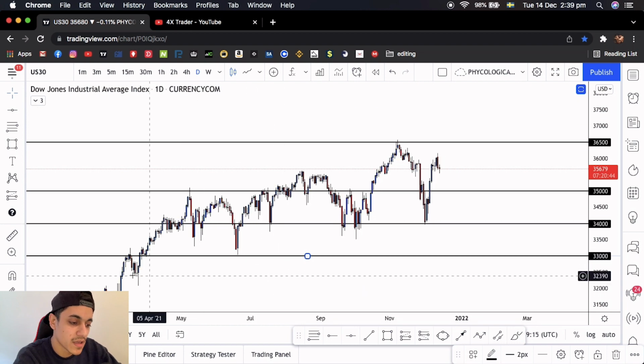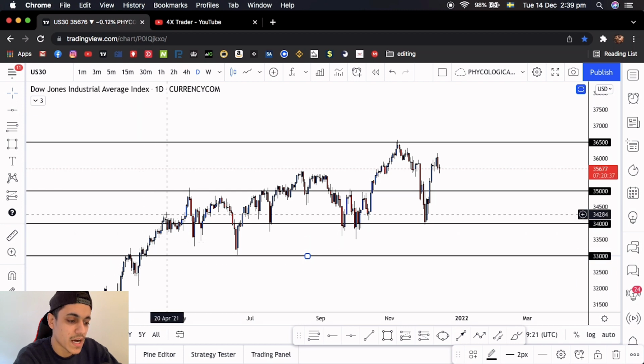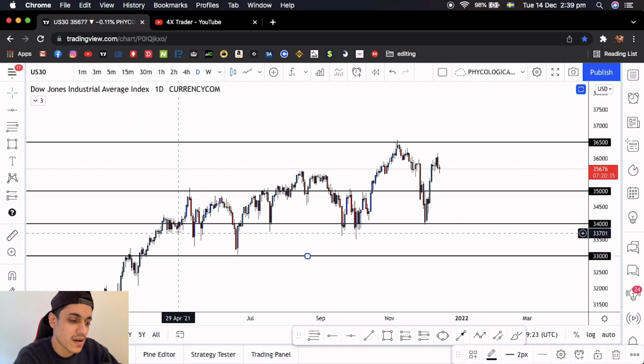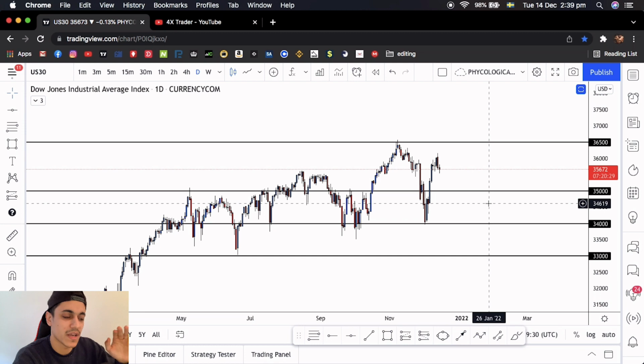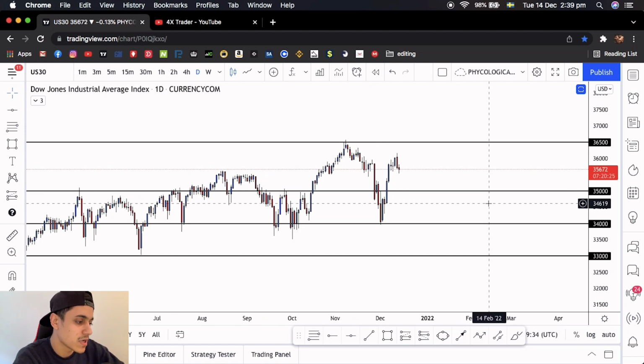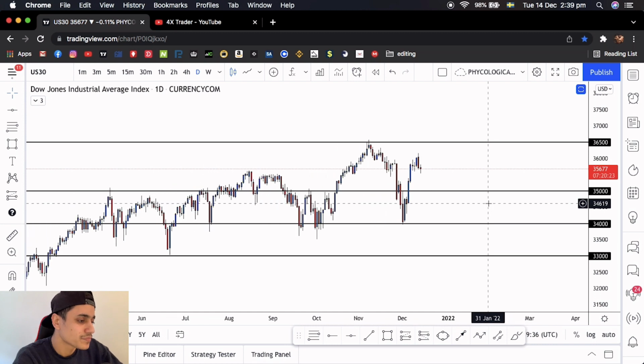Look what happened here. Market touched it, came back, retraced, made a higher low, made a higher high, came back, higher low, higher high, and where does it go? To the round numbers, right? It doesn't just stop in the middle of nowhere. It stops at a round number and a psychological number.